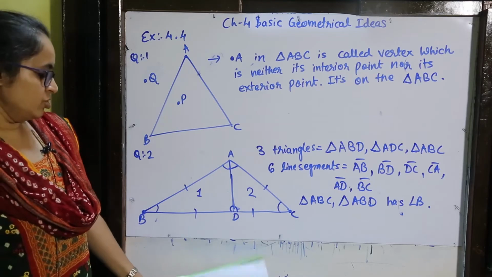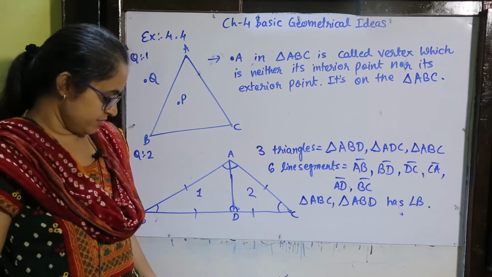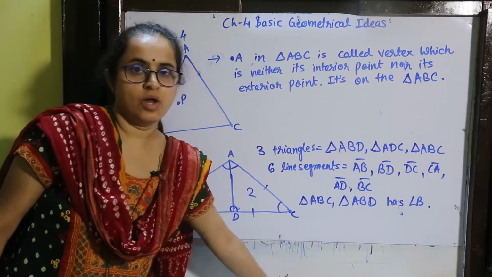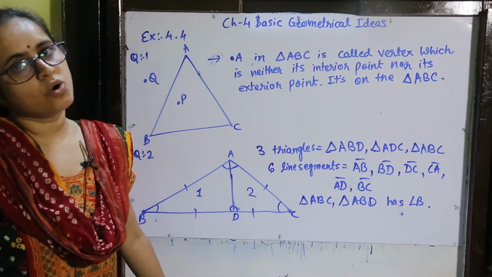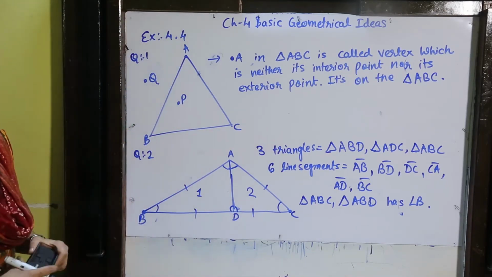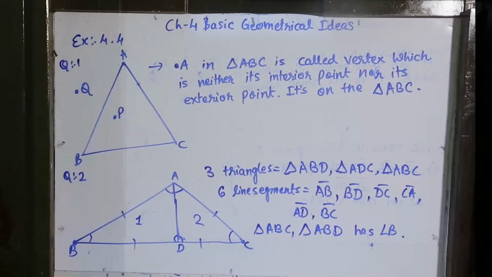Now we will move on to some other geometrical figures, for example, quadrilaterals. Now we will move on to another polygon known as quadrilateral. You can write down, pause the video and complete your work.